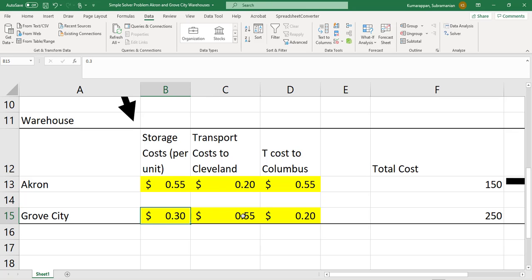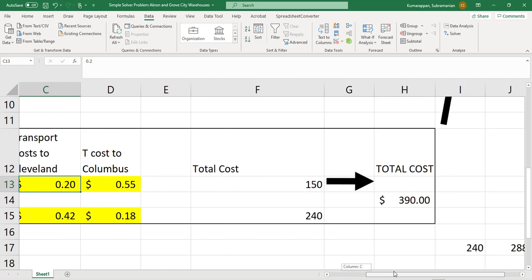And you also decided that you are going to invest in an electric truck and you live in Grove City, let's say, and you can drive all the way to Cleveland and Columbus. And your costs are only, say, about 42 cents to come to Cleveland, and it's only 18 cents to go to Columbus. Okay, and all other things are exactly the same.